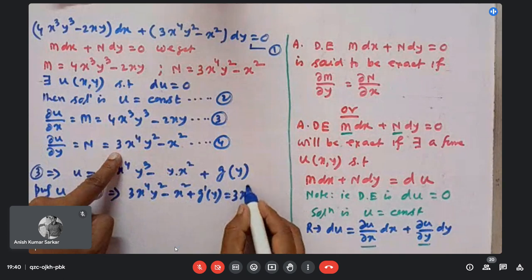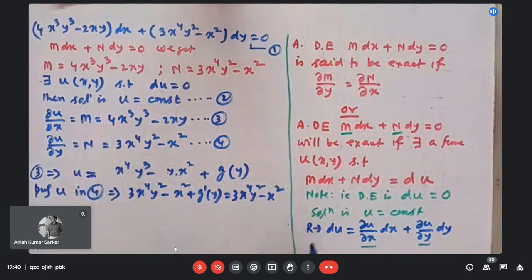It is 3x to the power 4 y square minus x square. So this part cancelled, this part cancelled. So this will give you g dash of y is equal to 0.